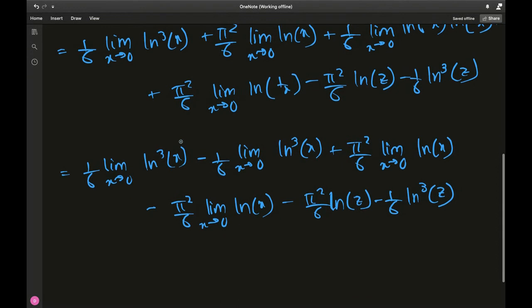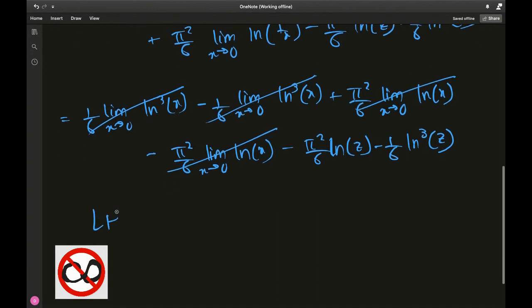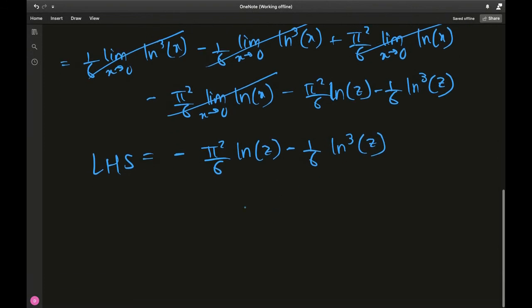So notice this term cancels with this term cancels with this. So all we are left with on the left hand side is nothing but negative pi squared over 6 times the natural log of z minus 1/6 natural log cubed of z. And what was the left hand side?